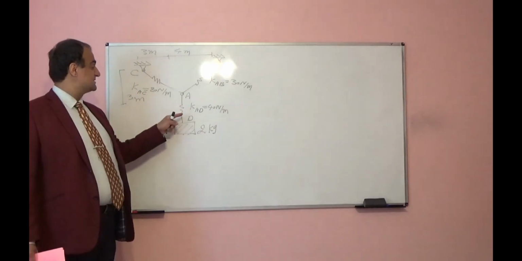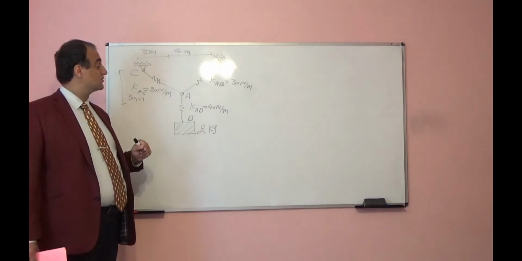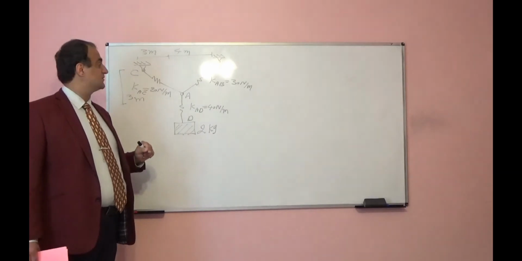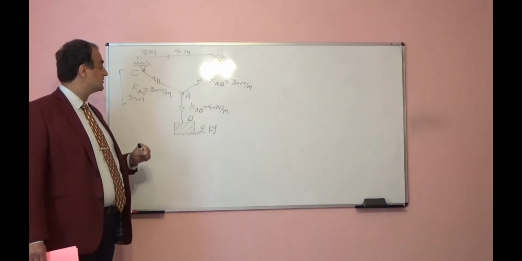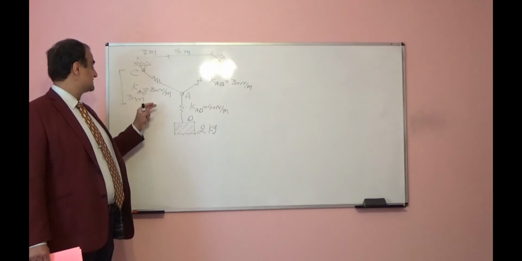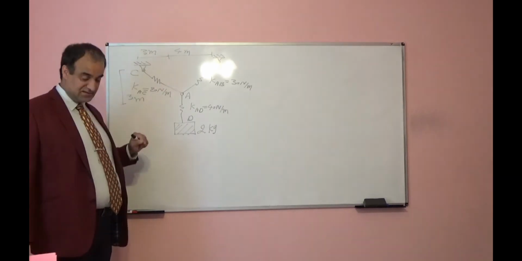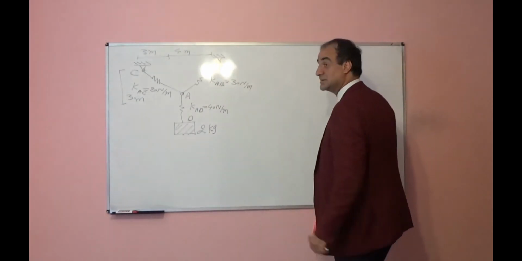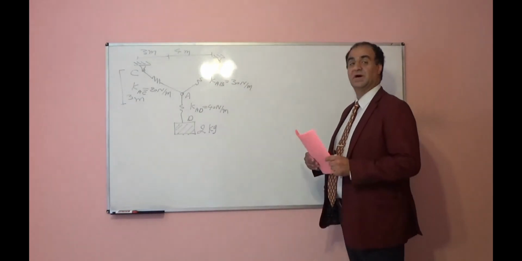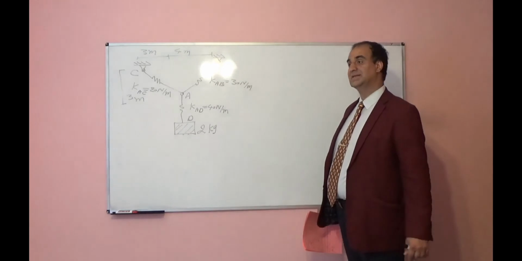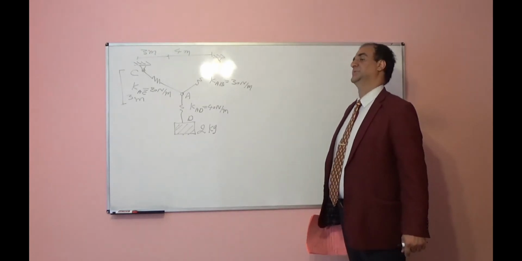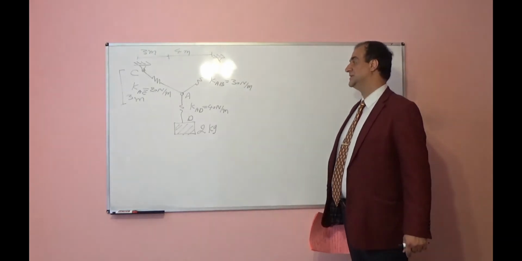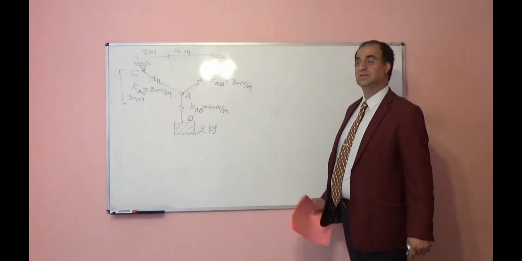The stiffness for spring AD is 40 Newton per meter, for spring AB is 30 Newton per meter, and for spring AC is 20 Newton per meter. We want to find elongation in each spring. In order to find that, first we should find the internal force in each spring.